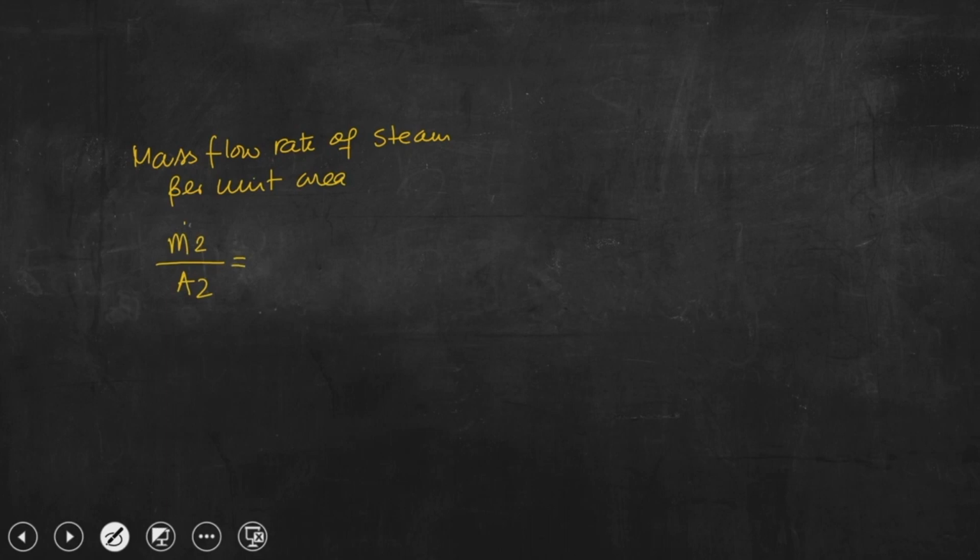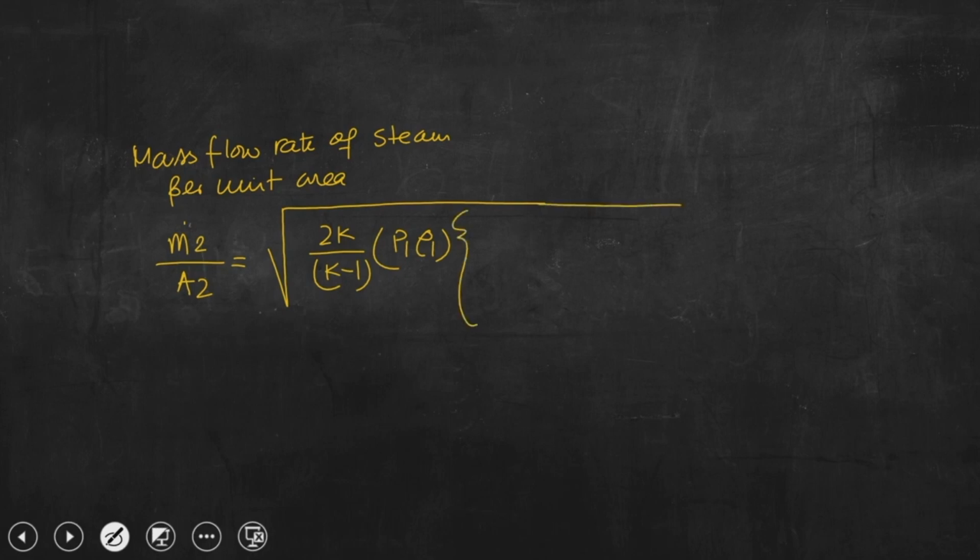That is nothing but under root 2k by k minus 1, P1 into rho 1, and that is P2 by P1 power 2 upon k minus P2 by P1 to the power k plus 1 upon k.